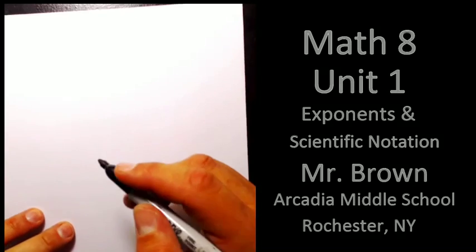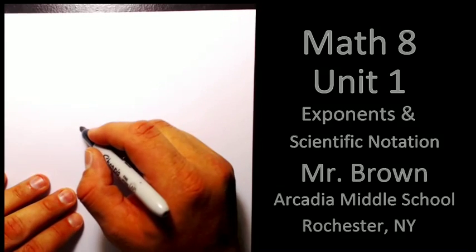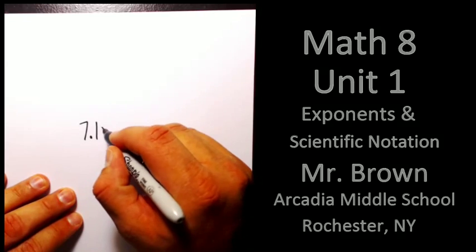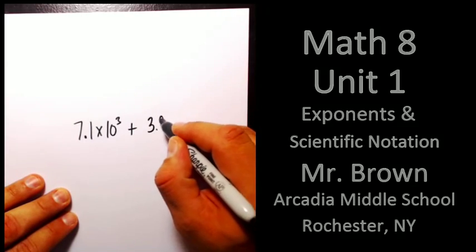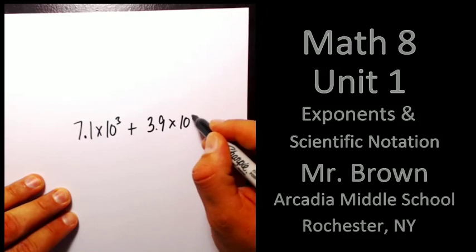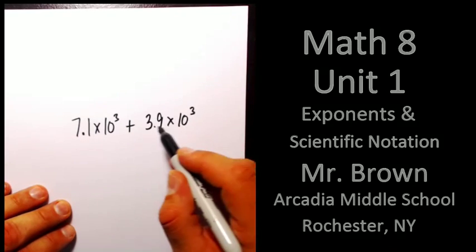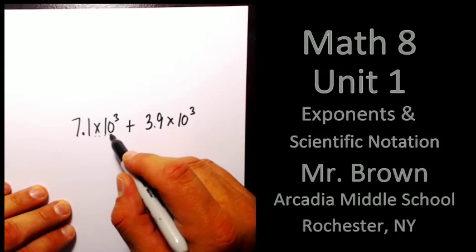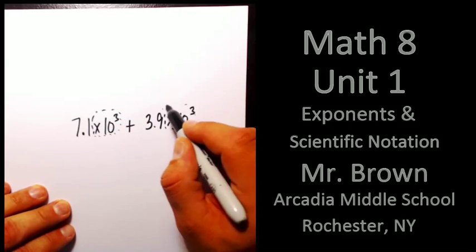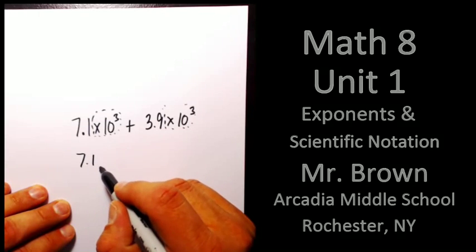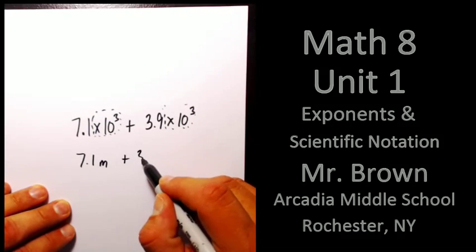Well, when you add scientific notation, you're going to get something like this: 7.1 times 10 to the 3rd plus 3.9 times 10 to the 3rd. You'll notice right here that these are both 10 to the 3rds. It's almost like saying you have 7.1 m plus 3.9 m.